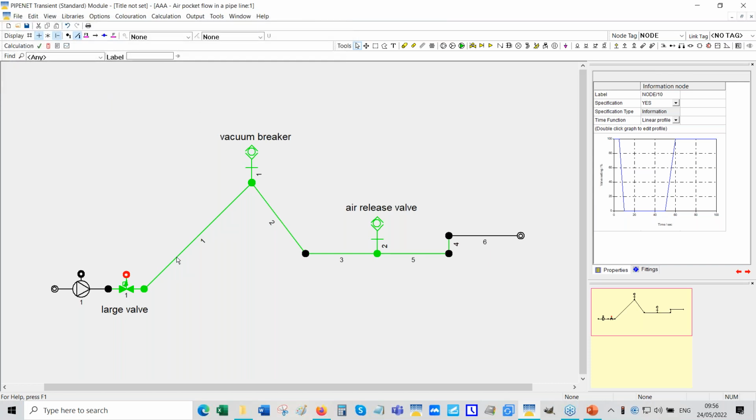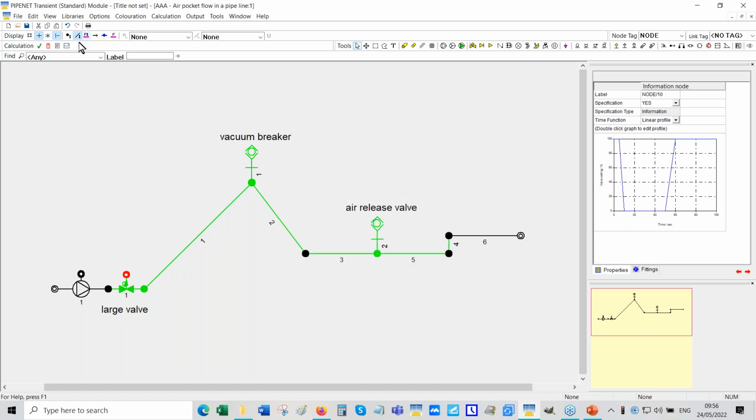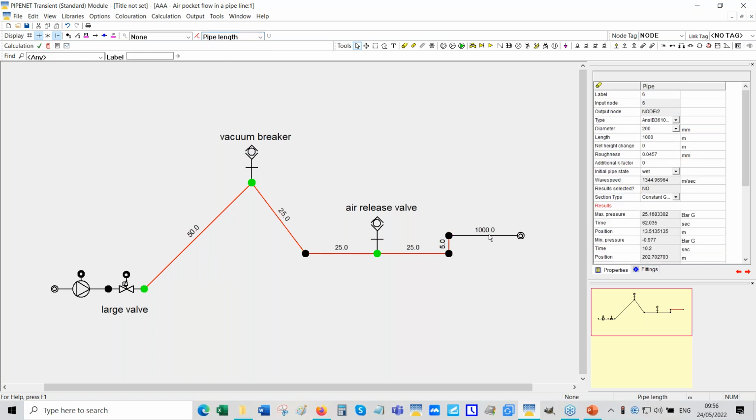Okay, now, what is the first thing that's going to happen when this valve closes? It's closing in 5 seconds. If you look at the pipe length, you've got a pipe here which is 1 kilometer long.